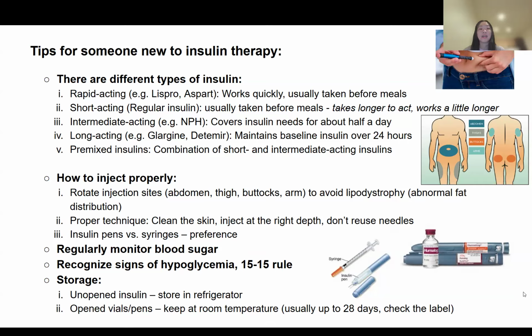Making sure that they're aware of that and the 15-15 rule. And then for storing insulin, if it hasn't been opened yet, we leave it in the refrigerator. Once it's open and being used, it can be at room temperature, normally for up to 28 days, but it can vary. So making sure they're checking the label and writing down when they opened it is best practice.